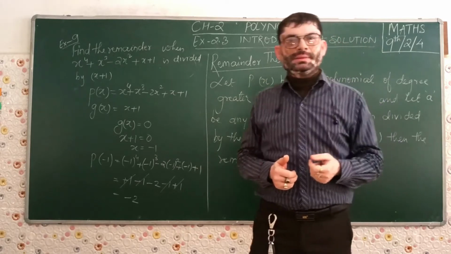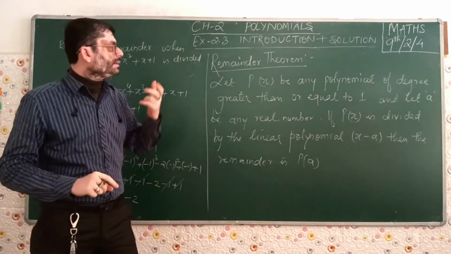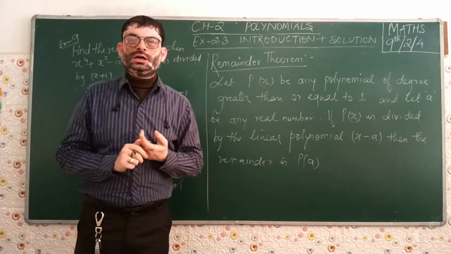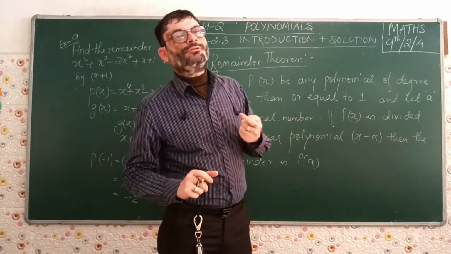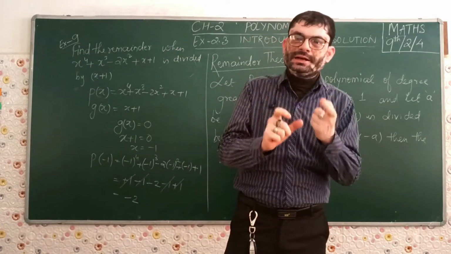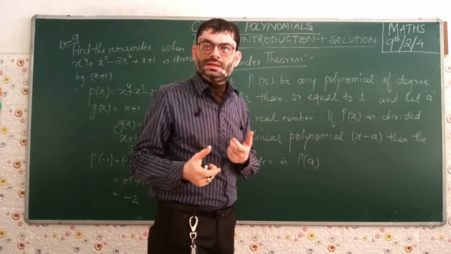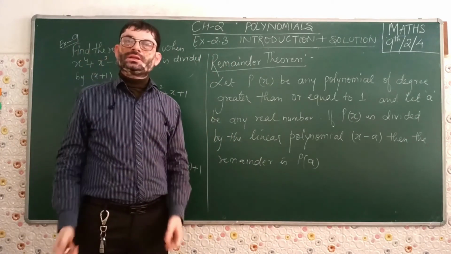By the long division process, we get quotient and remainder both, but by the remainder theorem we get only the remainder and not the quotient. So whenever we are asked to find only the remainder, the best method is to use the remainder theorem and not the long division method, unless it is asked to do the long division method.